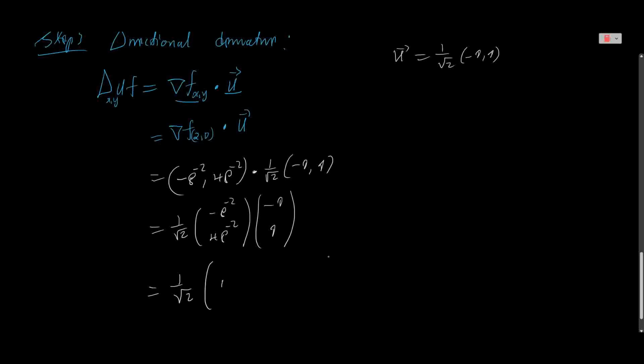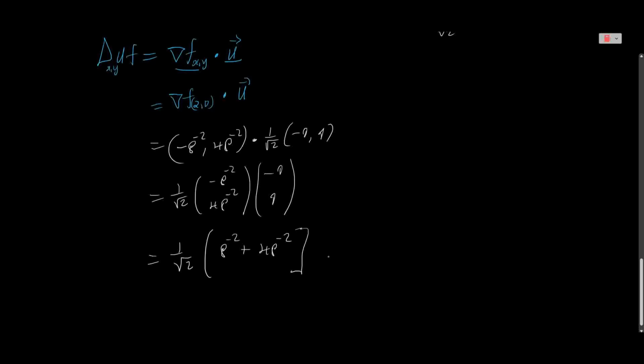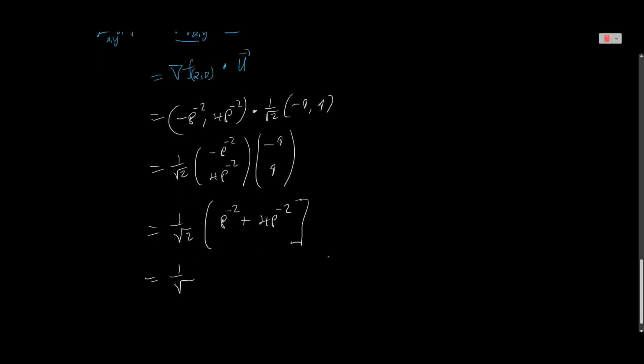This will give us e raised to the power minus 2 plus 4 e raised to the power minus 2, which will be 5 e raised to the power minus 2 over the square root of 2. So that's our solution.